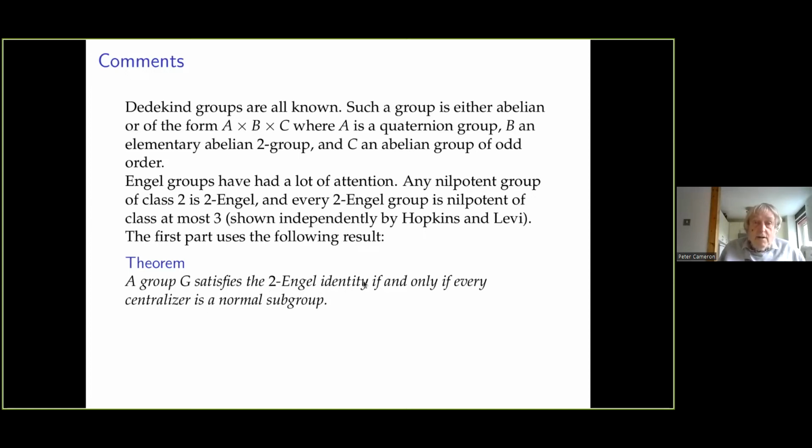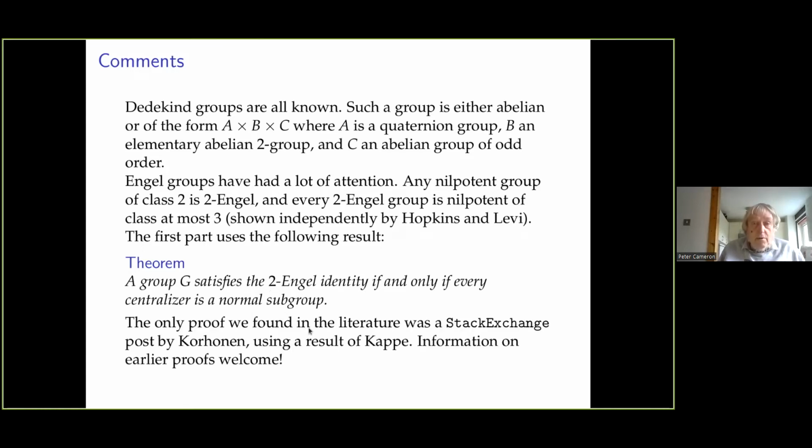That's a cute little result. It should be classical, but the only proof we found was a Stack Exchange post by Korhonen, who used a published result of Kappe. And if there was an earlier proof of this, I would be very interested to know about it. So please, if anyone knows an earlier proof of this characterization of the 2-Engel groups, I would like to know.